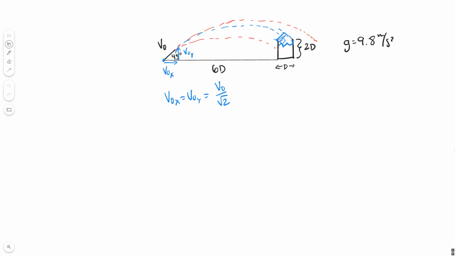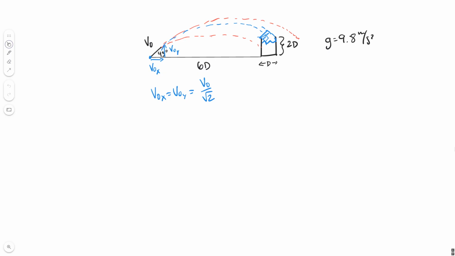Now, this is important because we need to break down this motion of the water into its horizontal motion and its vertical motion. And we're going to set this up with a little bit of some equations. The idea is when our water travels 6d, so when it travels the distance from the foot of the cannon to the foot of the water tank, we need its height to be something above 2d.